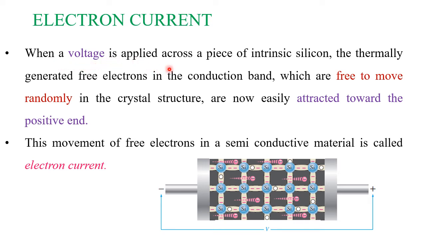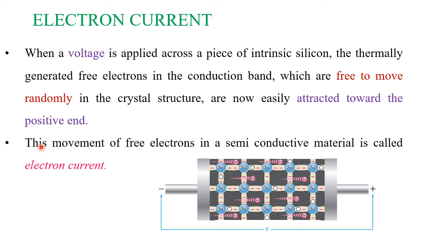So when a voltage is applied across a piece of intrinsic silicon, the thermally generated free electrons in the conduction band, which are free to move randomly in the crystal structure, are now easily attracted towards the positive end. Positive end means it is attracted towards the hole. So normally the electrons are attracted towards the hole.